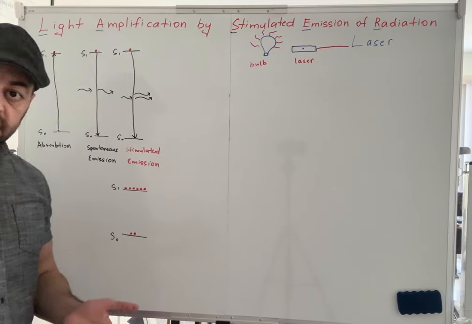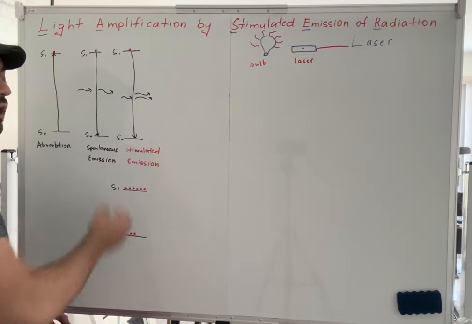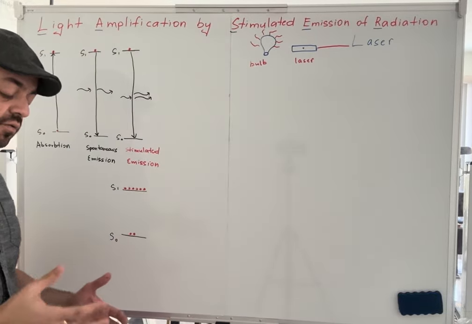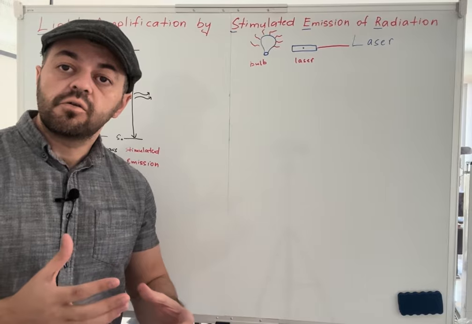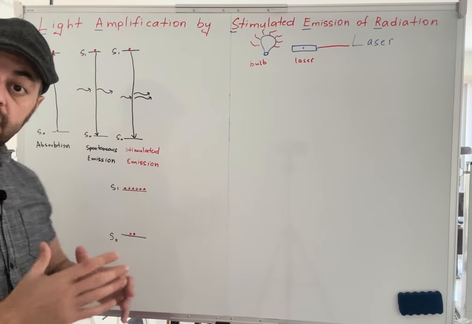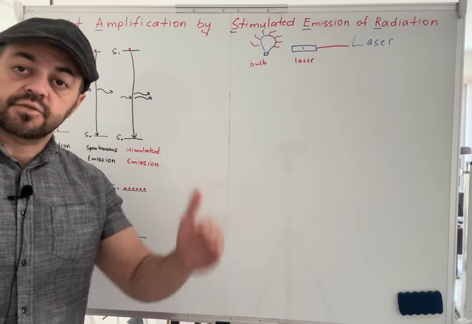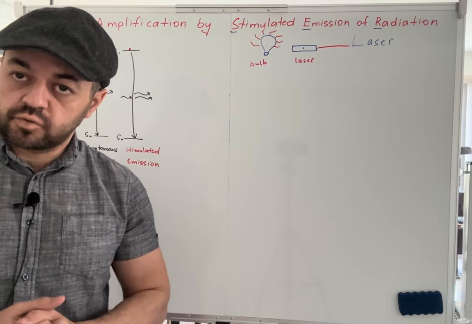So we have way more atoms on the excited state in comparison with the ground state. That makes sense because, as I mentioned, the stimulated emission occurs only when the incoming photon or the light is going to interact with the molecule which is already on the excited state. So that's why we have to make sure we have enough atoms on the excited state so that the photon could interact with them.